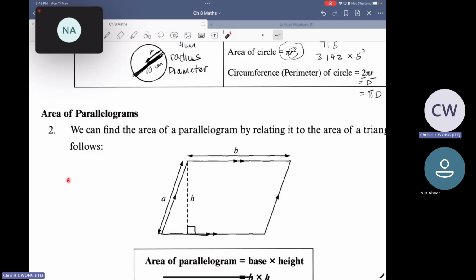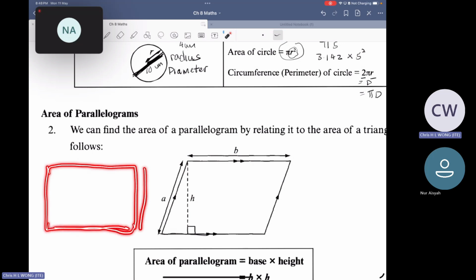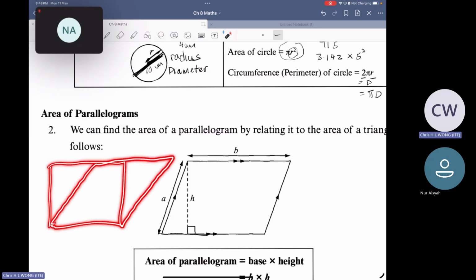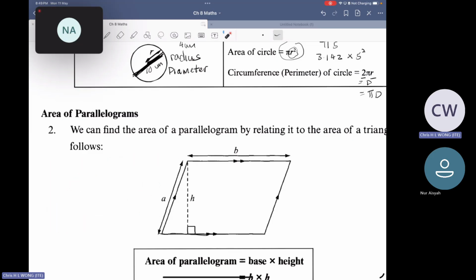If you look at the rectangle this way, it's length and breadth, isn't it? When you move the shape of the rectangle, you move the side, it's the same. But we don't use this length anymore. We still use the height, and it must be perpendicular.